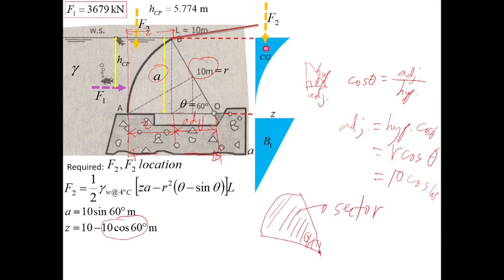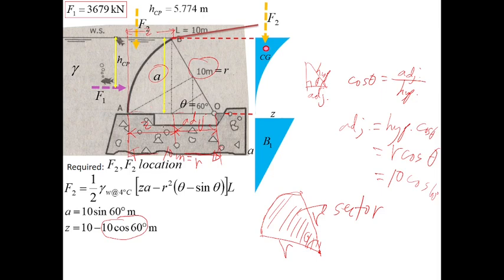Okay? Yan ay sector, itong part na yan, na kung saan itong radius, itong radius, pareho ng length. Tapos, ito yung arc. So, yan ay sector. Ngayon, kung ito ay 10, ito rin ay 10. R din yan, kasi radius yan. Pareho sila ng haba, 10 meter.